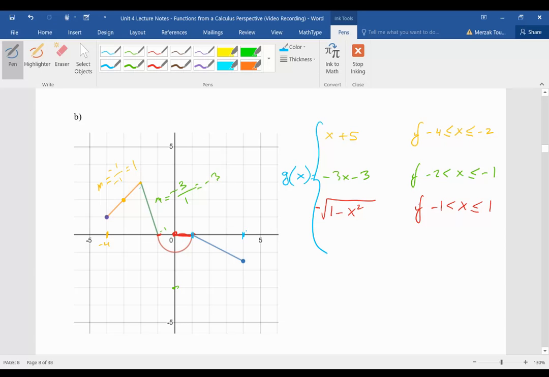Starts at 1 and it stops at 4. So we're going to say if 1 is less than x and x is less than or equal to 4. So this is a line segment. So what do I need? I need the slope and the y-intercept.